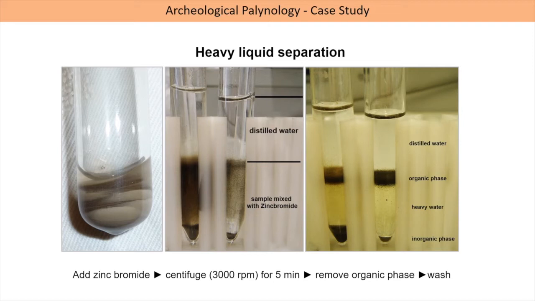These are the pollen grains mixed with other organic remnants like fungal spores and maybe some charcoal particles, and this is the distilled water here. We transfer this organic fraction together with the water, with a pipette, into a new test tube, and then we have to carefully wash it 3 times before we can further use it.